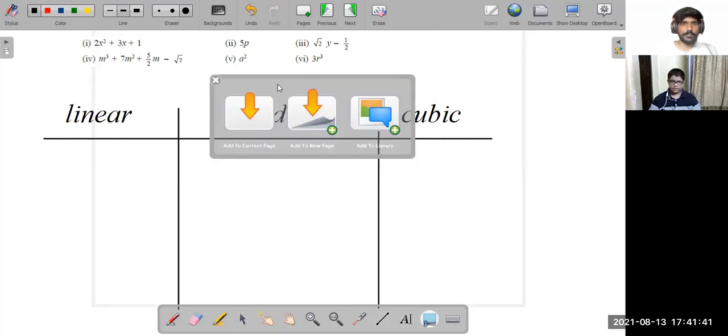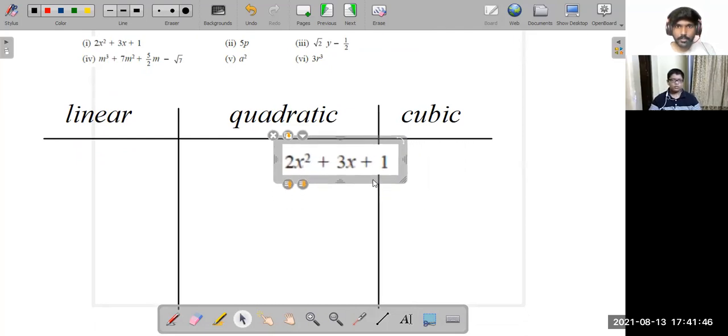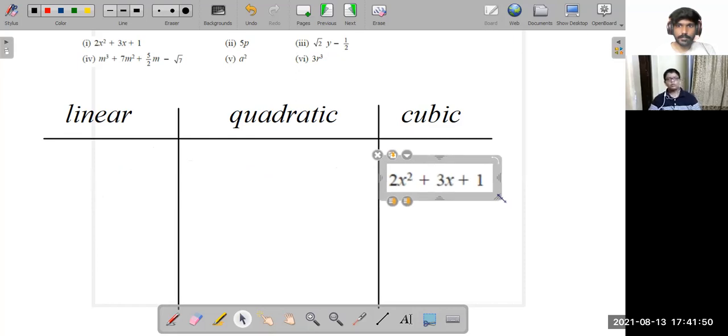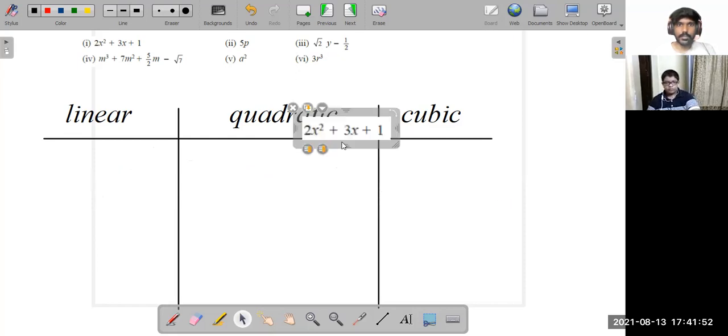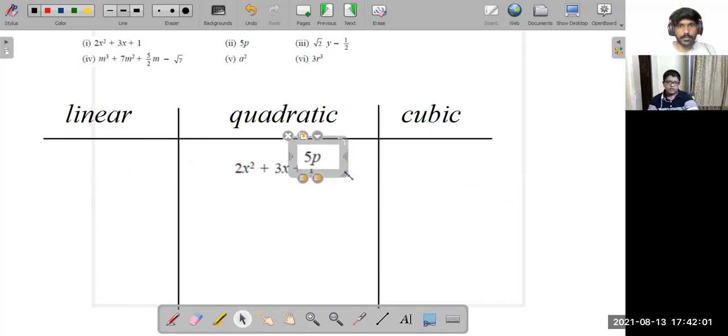Okay, first one. Where to put this? Is it linear, quadratic, or cubic? Quadratic. So this will come here. Second one, 5p. Linear.